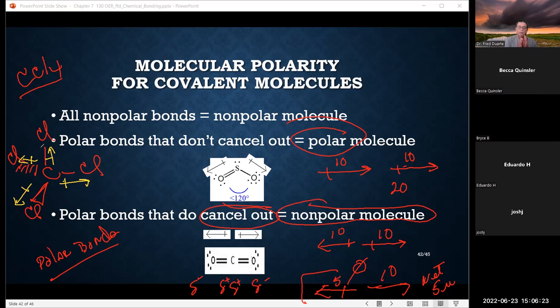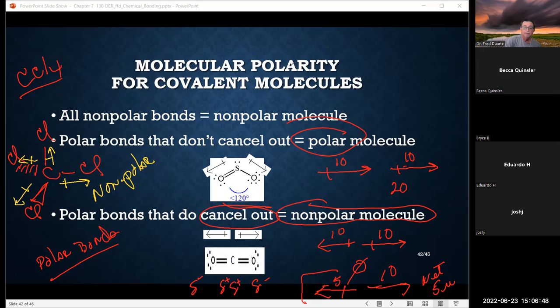But because of the geometry of the tetrahedral configuration, all 4 polar bonds cancel each other out. So carbon tetrachloride is non-polar.